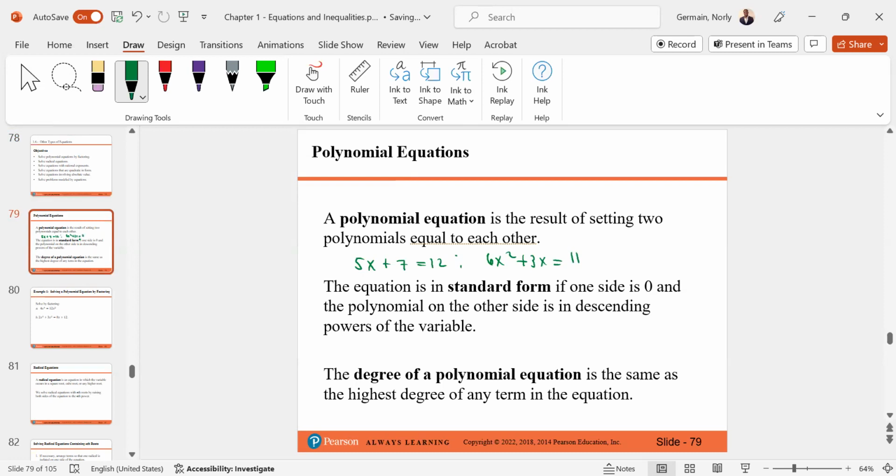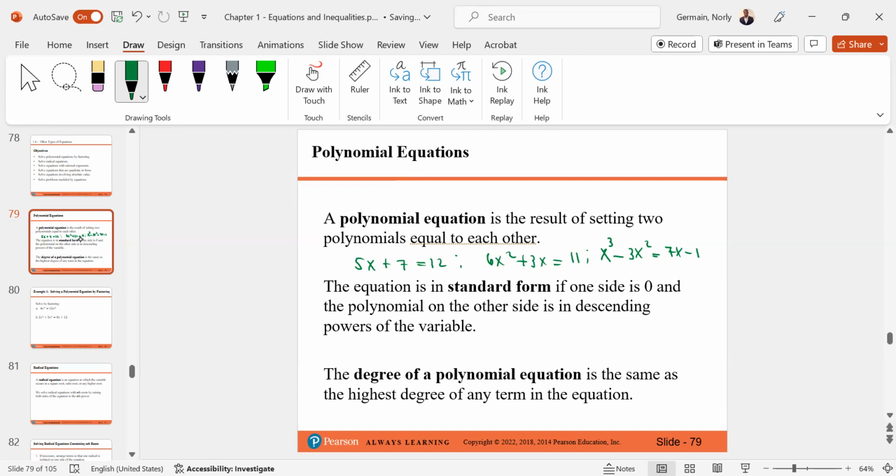This equation is of degree 2 because 2 is the highest exponent. I can go on and on with expressions like x to the third power minus 3x squared equals 7x minus 1. As you can see, this equation is of degree 3 because the highest exponent is 3.